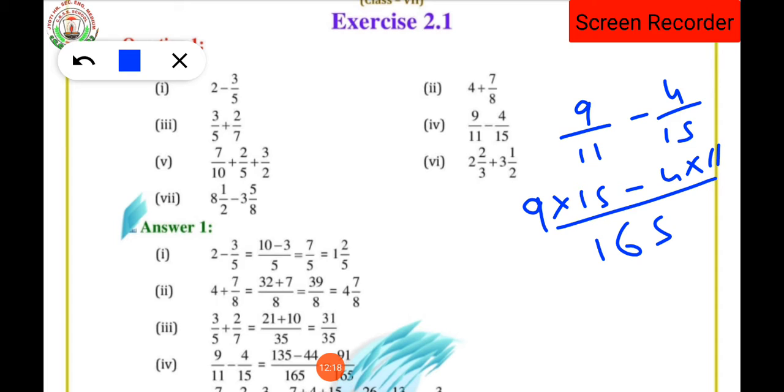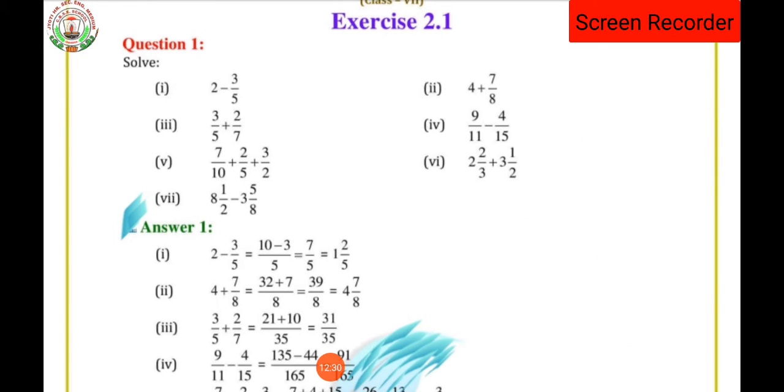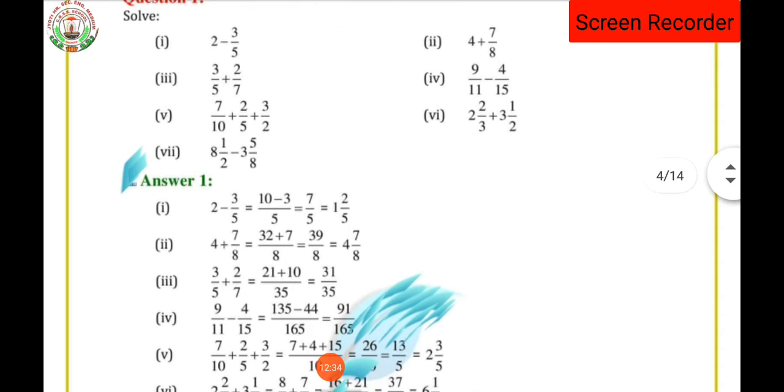So multiplying that number, 135 minus 44 upon 165. Now subtracting the numbers, you will get the answer as 91 upon 165. Clear, everyone? So in this way, each and every part you can do on your own, student. It's a very simple and easy way to do.